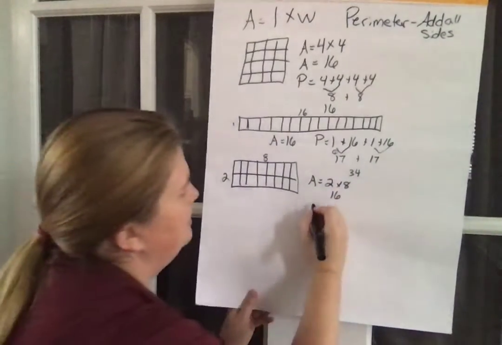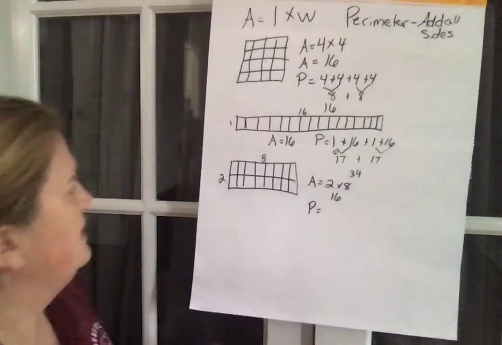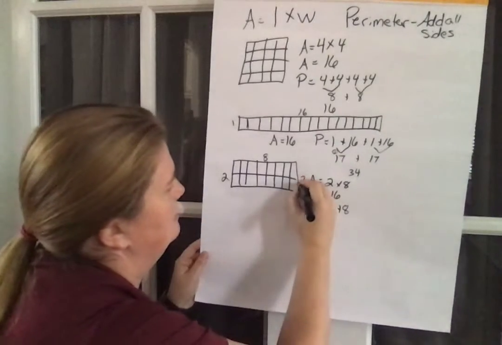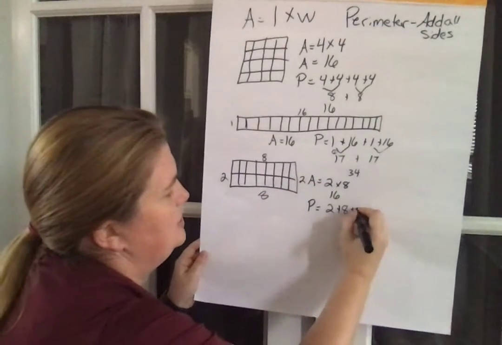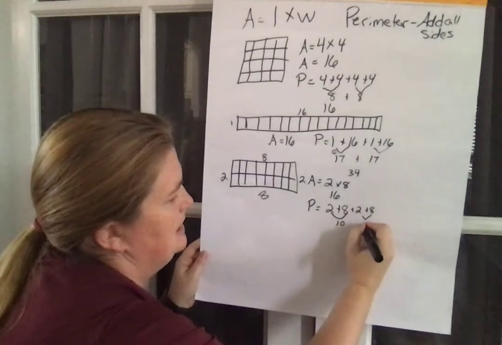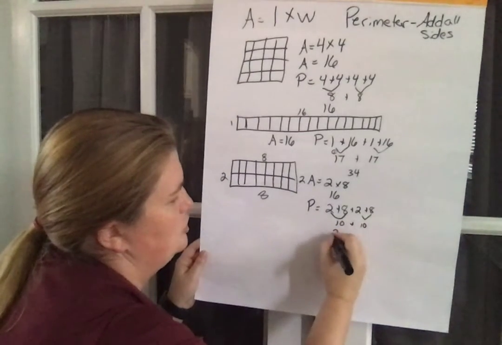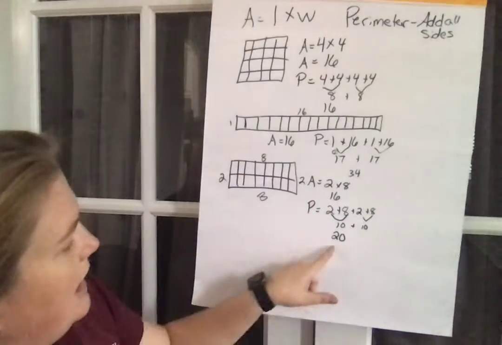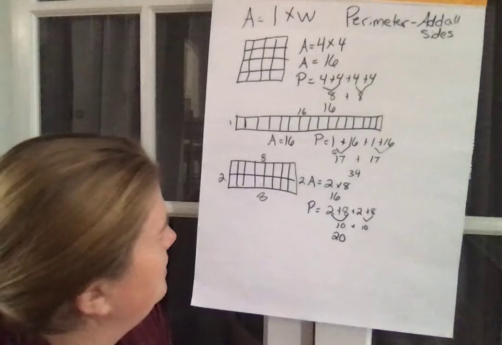What would the perimeter of this one be? Let's figure that out. So we have 2 plus 8 plus 2 plus 8. 2 and 8 make 10. 10 and 10 make 20. So this one would have an area of 16 and a perimeter of 20.